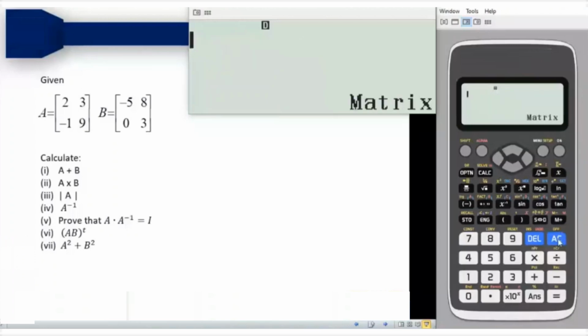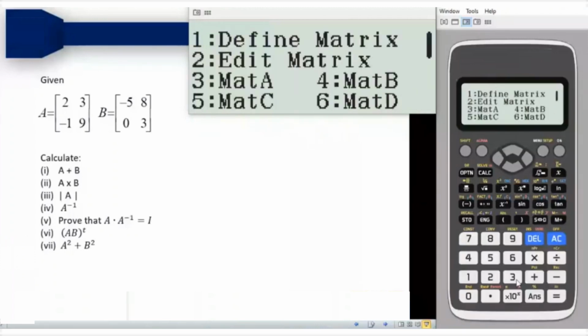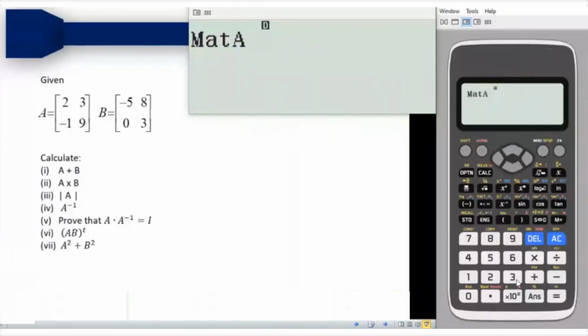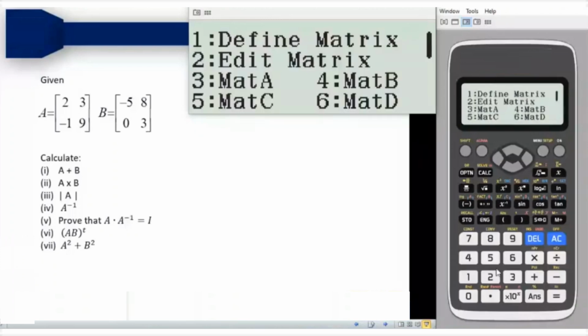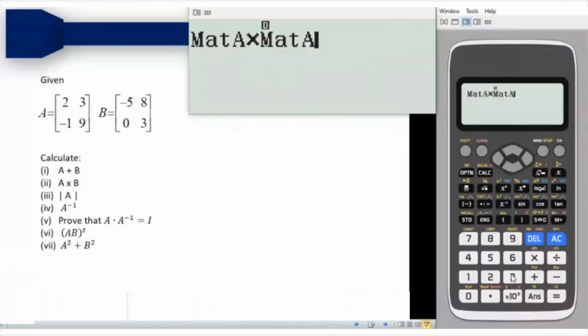Please realize that when I press option 3, I will have matrix A on my screen. I will press multiply. I will press option 3 again, option 3. And I will press the inverse sign.